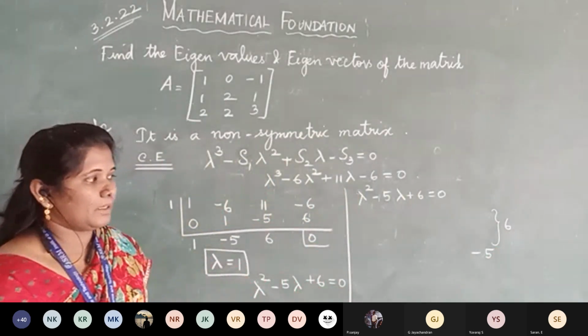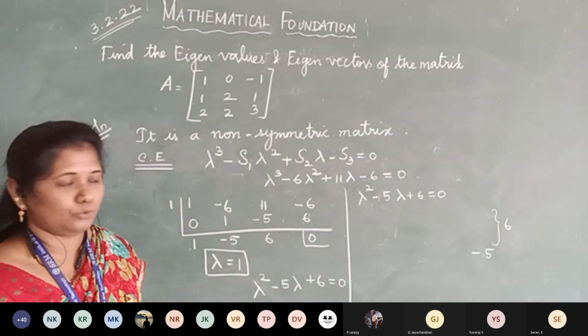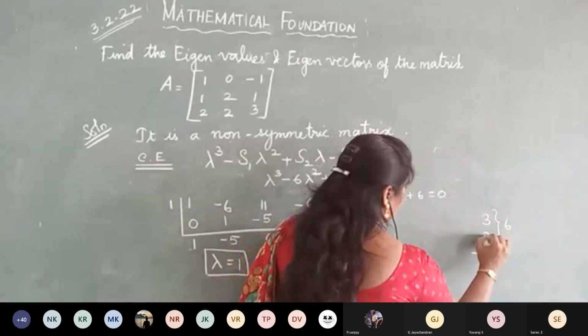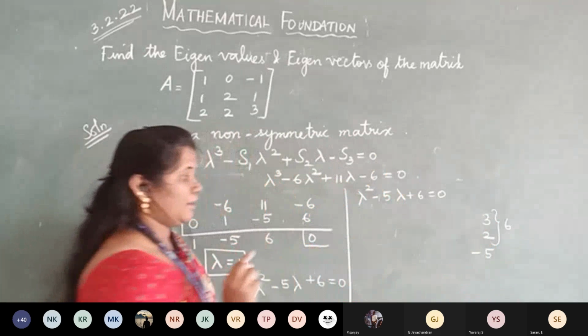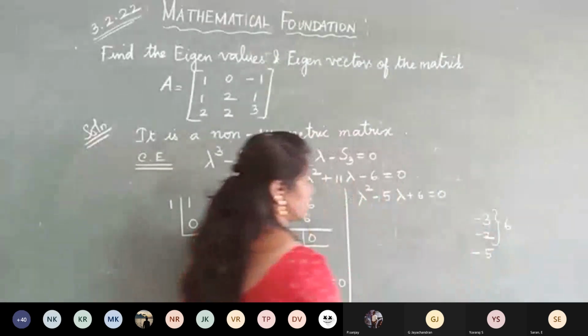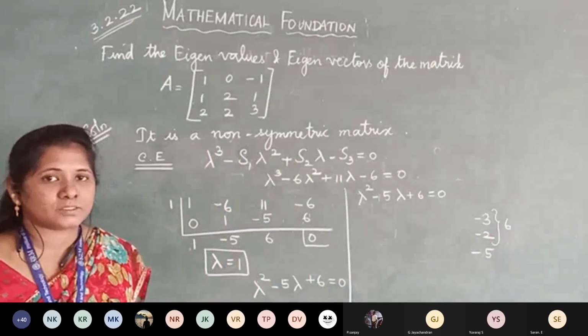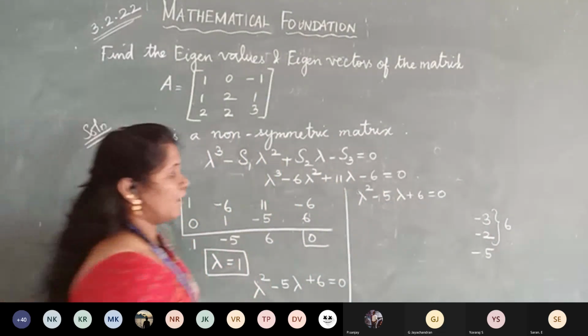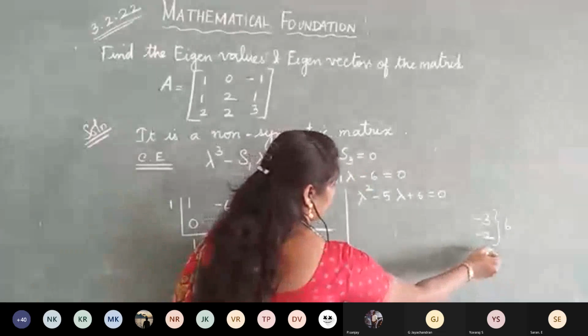If you multiply 3 into 2, you get 6, but you have to get a negative sign. So minus into minus: -3 into -2 will become +6, and when you add them, you get -5.